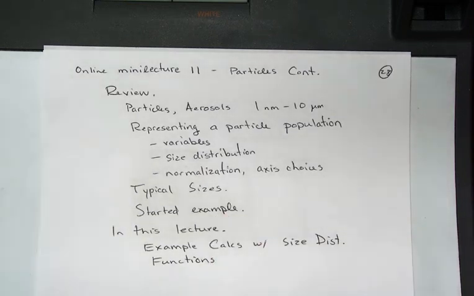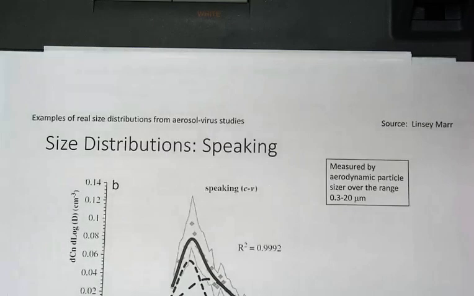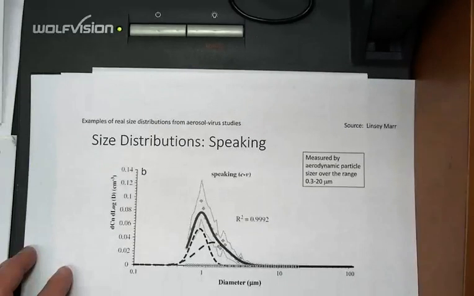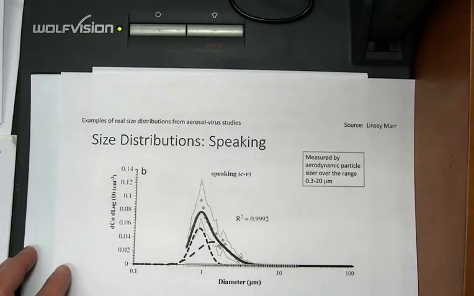So I'm going to jump ahead a little bit just to show you an example. This is the population of particles described in terms of their size and concentration, measured from people speaking.